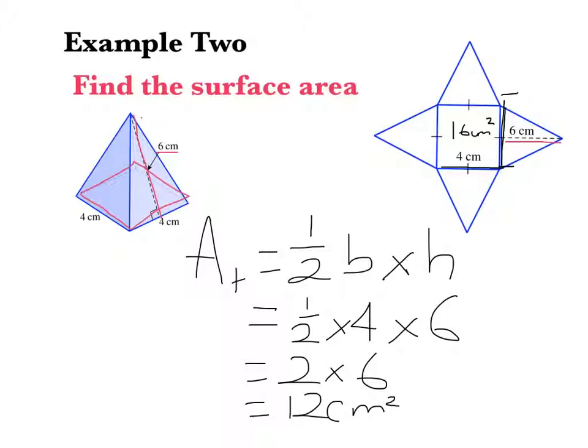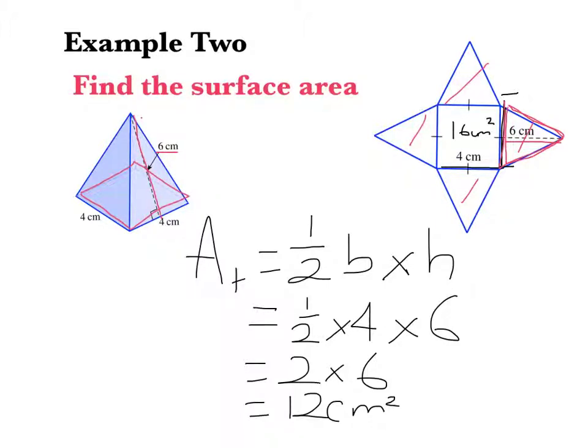What does that 12 centimeters squared represent? That 12 centimeters squared represents the area of one of these triangles, one and one only. I have 1, 2, 3, 4 triangles.